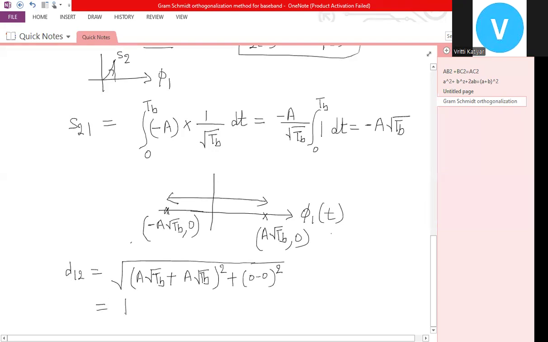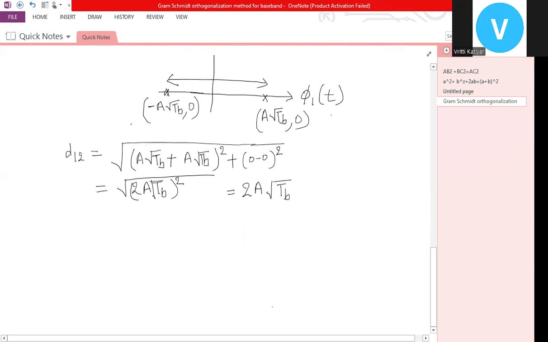This value can be written as the square root of (2A root Tb) whole square, nothing but 2A root Tb, the Euclidean distance. So we have seen the representation of the polar signal in the last question diagram, and the distance between S2 and S1 is 2A root Tb.